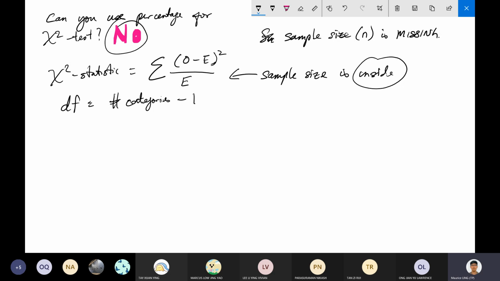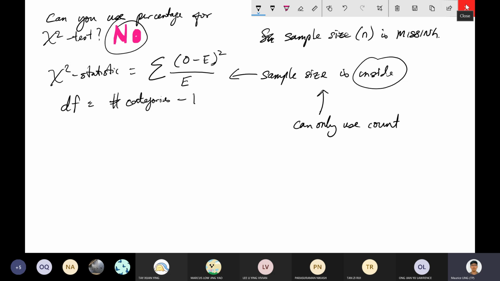And because sample size is in this equation, that is why you can only use count. You cannot use percentage. When you use percentage, you are forcing sample size to be equal to 100 all the time, because it's 100%. Make sense?